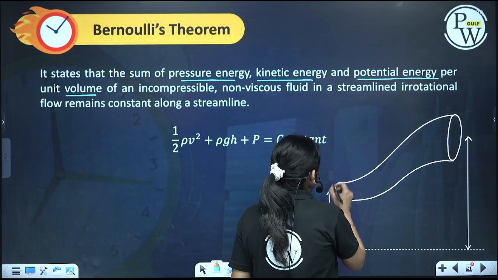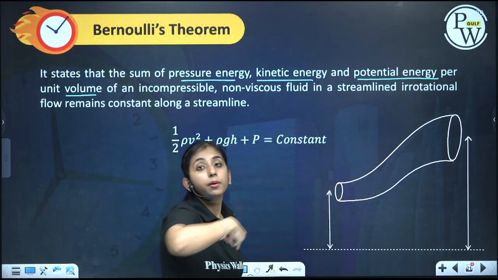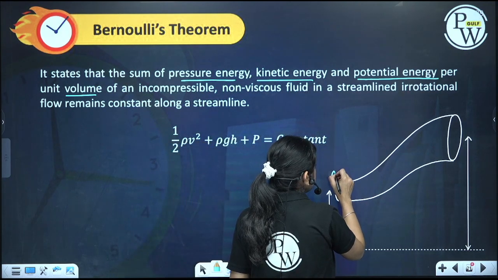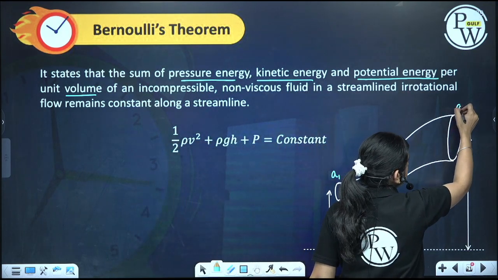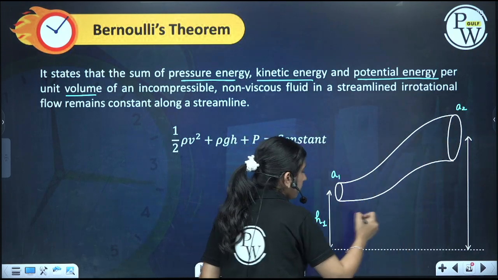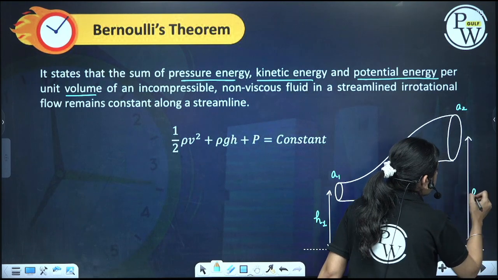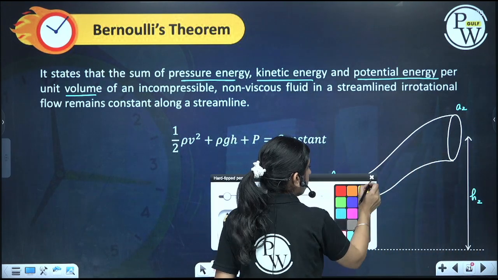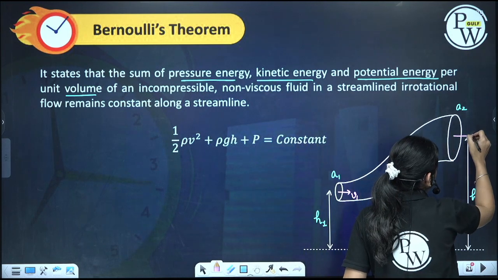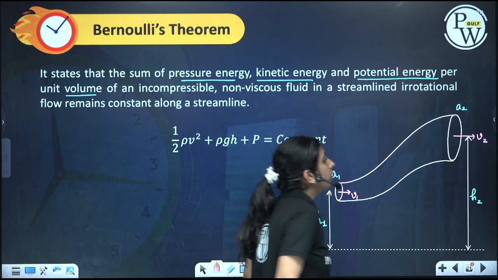If we have a pipe of variable cross section such that this cross section is A1 and this cross section is A2, with A1 at a height of h1 and A2 at a height of h2, the velocity of the fluid at the first point is v1 and at the second point is v2.